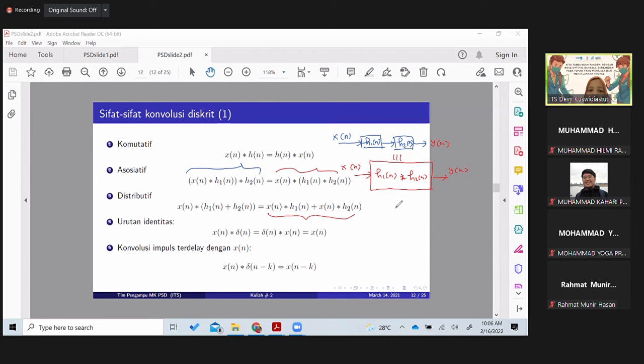If we draw the system, it would be like this.